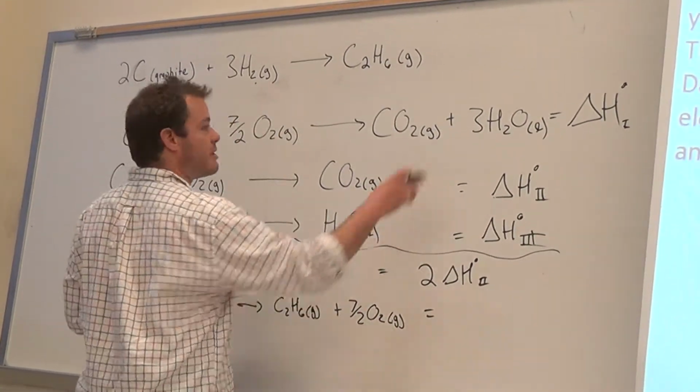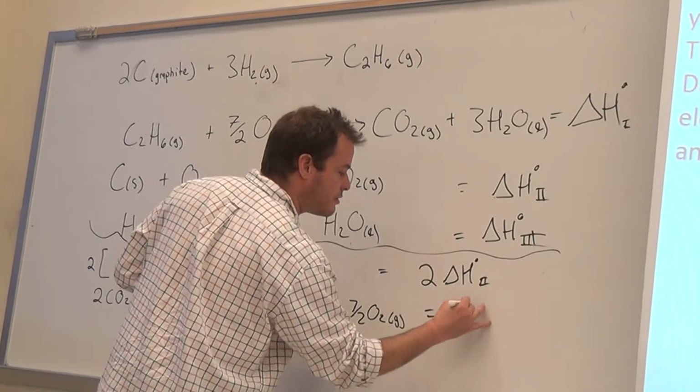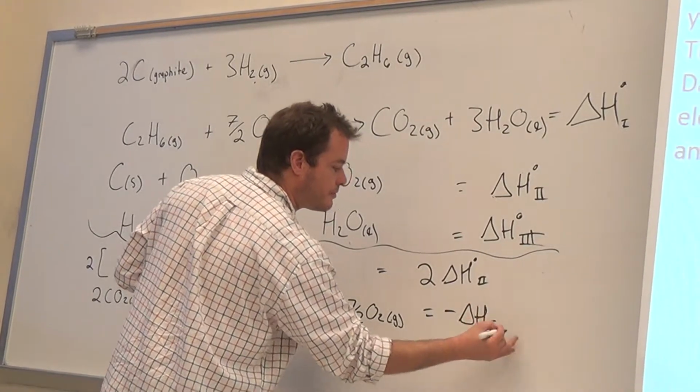And the enthalpy change is going to be the negative of this guy, so we'll call that negative delta H of 1.